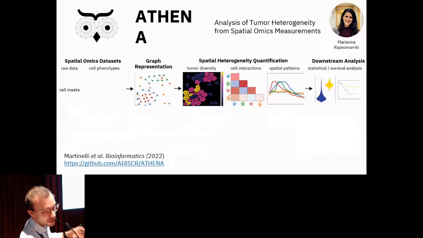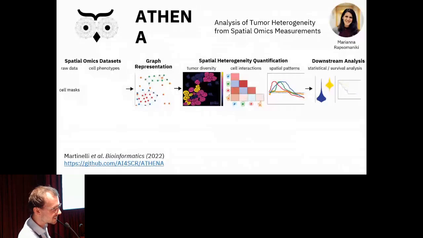For that, you would need to create a segmentation of that image. At the moment, Athena does not do that internally, but there are many good third-party tools that can do that. Then together with the raw data and the cell masks, you would be able to compute the single-cell expression values.